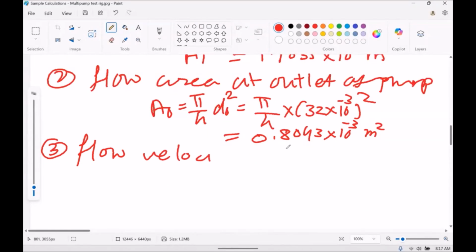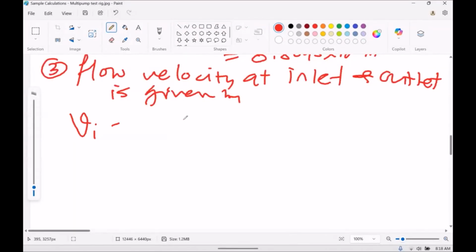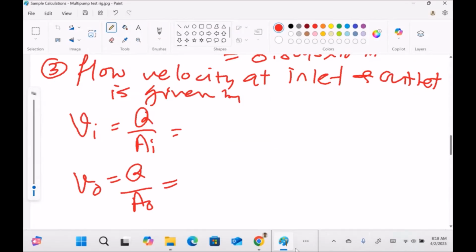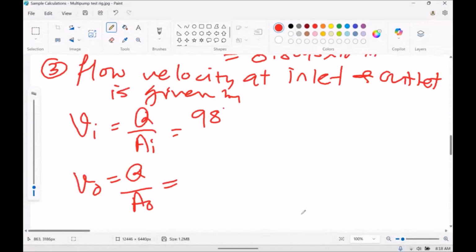The flow velocity at inlet and outlet is given by Vi is equal to Q divided by Ai and Vo is equal to Q divided by Ao. So put the values: the discharge I told you in the observation table, yes, 98. The unit is liter per minute. Liter per minute divided by area. What is the area?